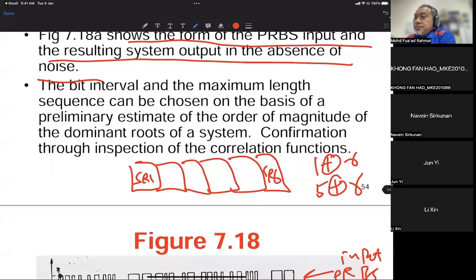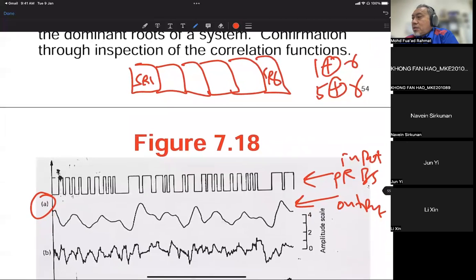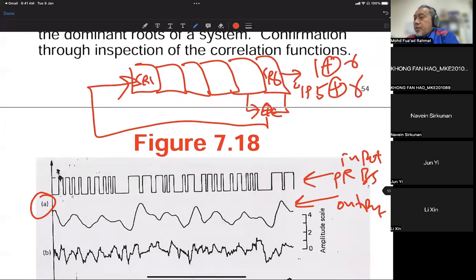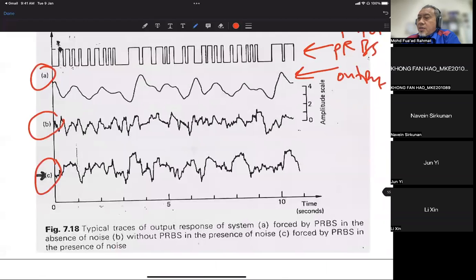The bit interval and the maximum length sequence can be chosen on the basis of a preliminary estimate of the order of the magnitude of the dominant roots of the system, with confirmation through inspection by the correlation function. So in this case, 5 and 6 can be the feedback that goes to the input, and SR6 is the output. Of course, each shift register must be powered by a clock pulse. So we have remaining B and C.